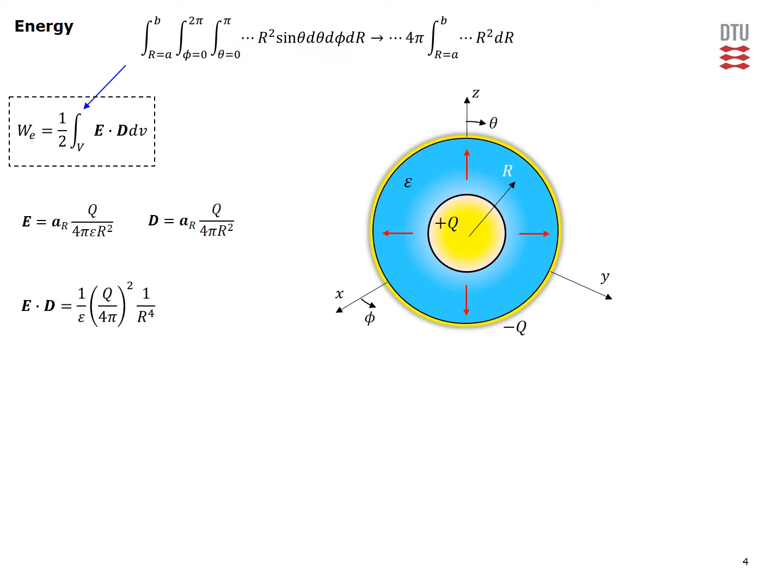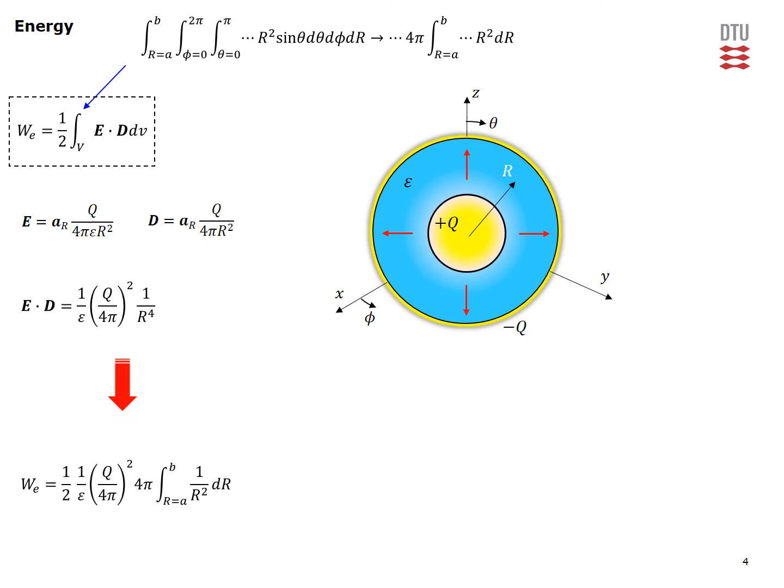What we have here is the standard differential volume element in spherical coordinates. Because the integrand is independent of phi and theta, the integrations in phi and theta are straightforward and they will give us 4 pi. So the rest is actually to evaluate this single integral along the radial direction.